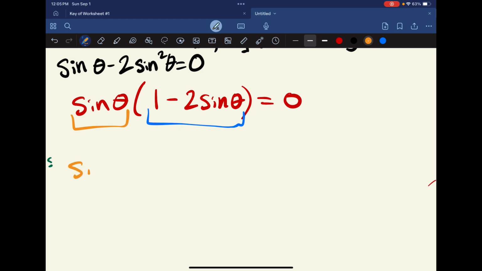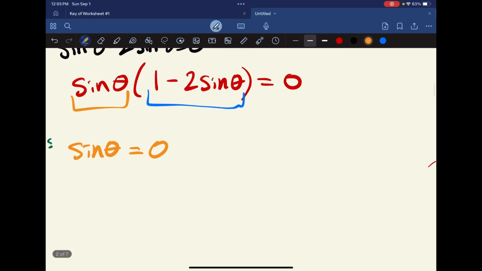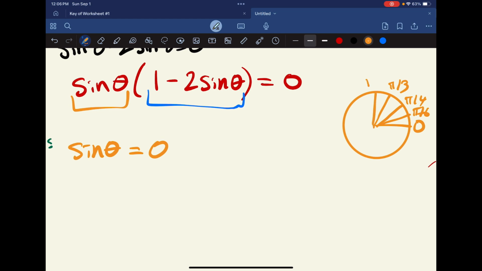So what makes the yellow term, sine theta, equal 0? And this is a unit circle question, right? If you remember your unit circle, our quadrant 1 angles are 0, pi over 6, pi over 4, pi over 3, and pi over 2, and then it follows the coordinate pair cosine, sine.